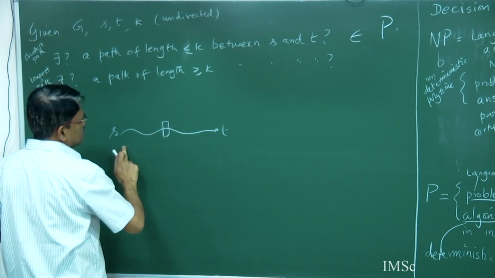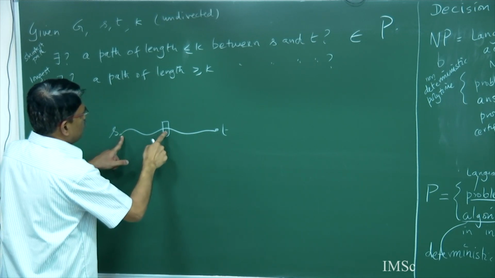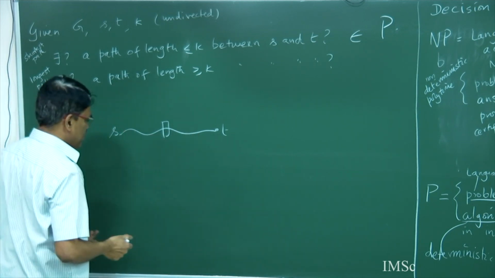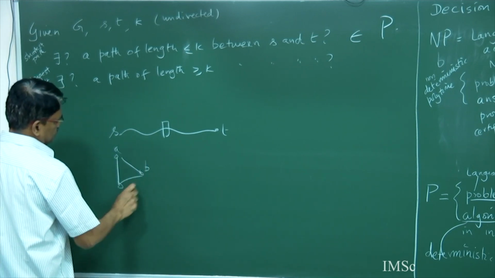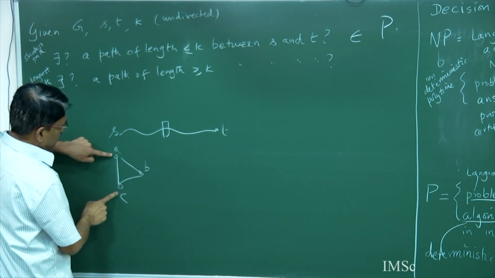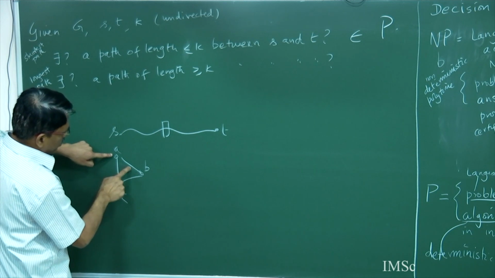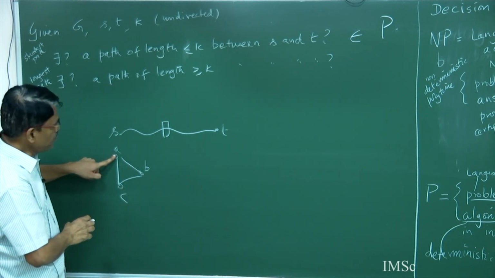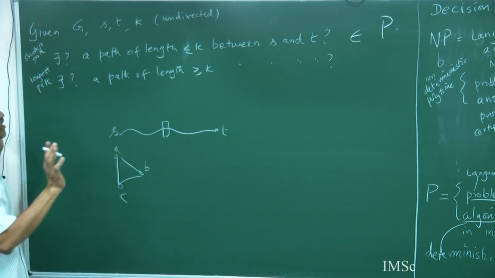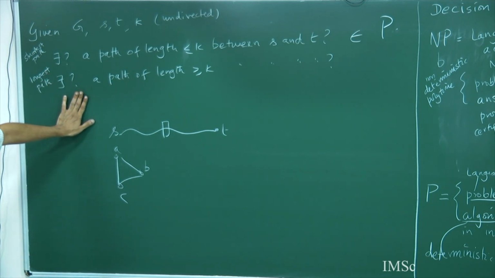If you have a vertex here, and this is the longest path between S and T, it's not necessarily true that this is the longest path here and this is the longest path here. I can write a simple example. The longest path between A and C is ABC, but that doesn't mean this is the longest path between A and B, because I have a longer path. So none of the algorithms that we have seen work. Not just that, we don't have at the moment a polynomial time algorithm.